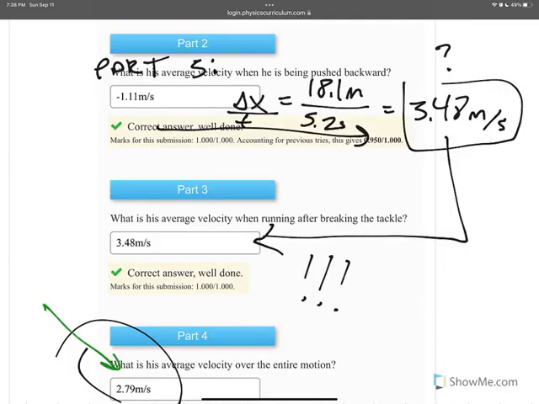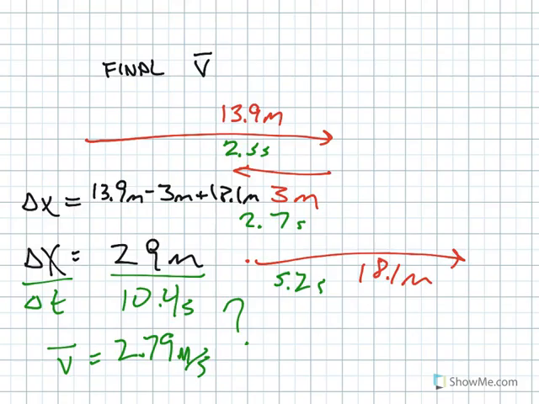There it is. Yay. Okay, so there you go. Another interesting thing you might have noticed is that the displacement can be positive or negative. That's why we did 13.9 minus 3 plus 18.1. But for the times, you add them all up. So there are no negative times. That seems interesting if you think about it.